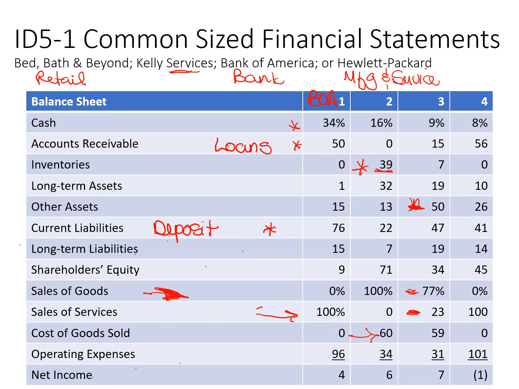It has pretty much all current liabilities, meaning that it uses other people's money to finance their operations. Well, given that, and they have some inventory, I think that it could be HP. So I'm going to write HP. Whereas this is Kelly Services.